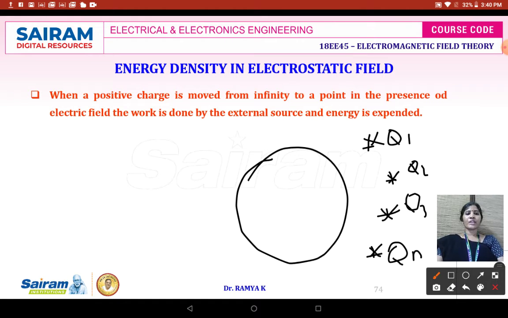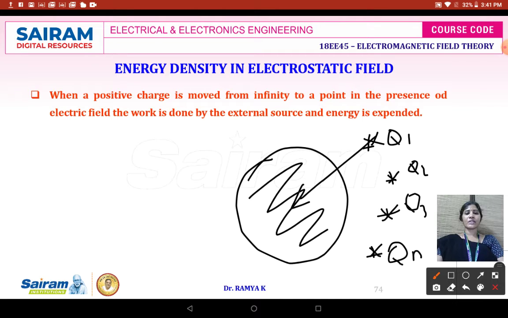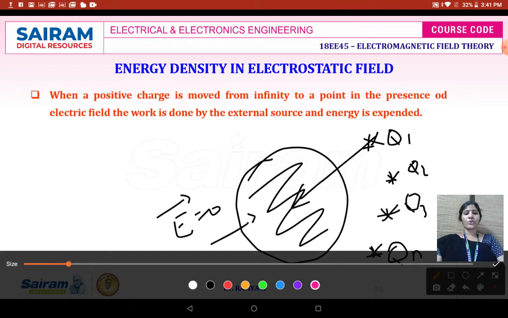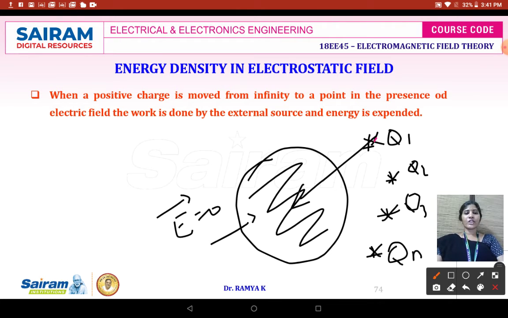When you are moving the point charge Q1 inside this universe, initially there is no charge available inside this universe. Therefore, the field present inside is going to be 0. So when there is no field, it is easy to move the charge Q1 from infinity to the point under consideration inside the universe.